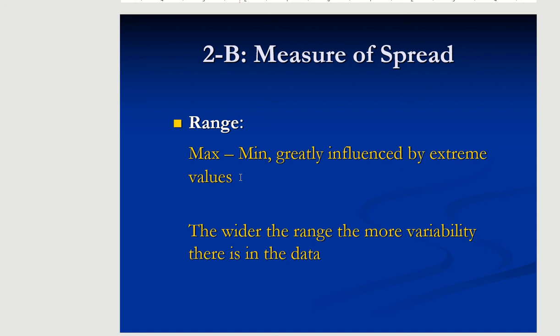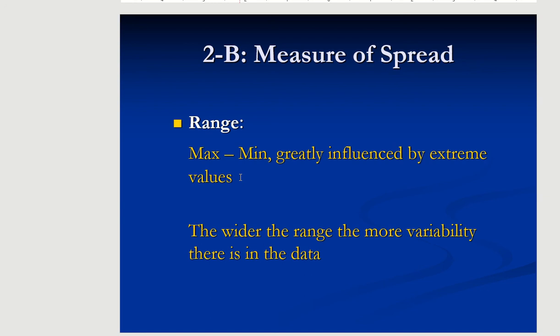So if you're looking at the grades on an exam, the highest is 90, the lowest is 60, then the range is 90 minus 60, which is 30 points. The way we interpret 30 points, we say that the grades of this exam are spread over 30 points. That's all you're getting.